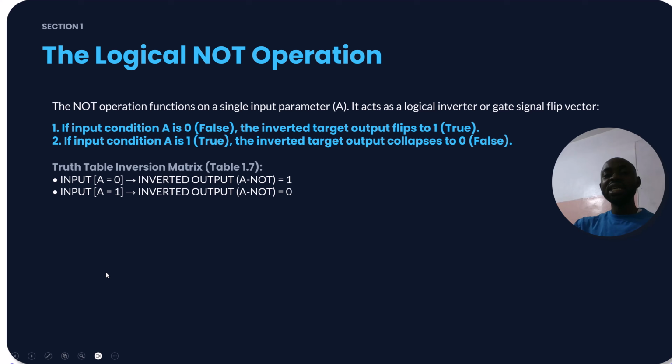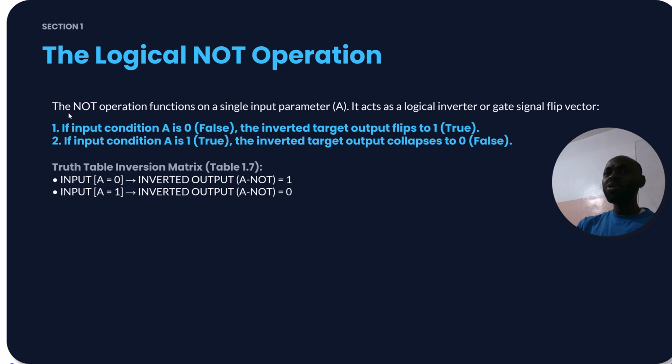So in the example that I've been giving, we have inputs. What are we inputting? The A signal is a zero signal, which is a false signal. And once we look at it from a NOT operation perspective, we realize that the output will be 1. One thing also about the NOT operation is that it functions on a single input.